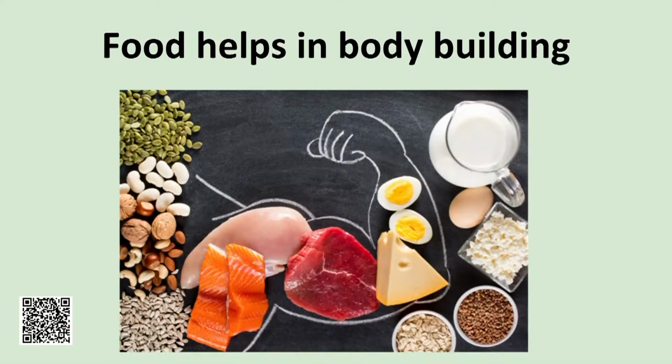So how does food play the second function? That is, food helps us in the bodybuilding process. When our body consumes the food, it gives energy to our different organs and our different cells. In our body there are multiple cells, and every now and then new cells are being formed.